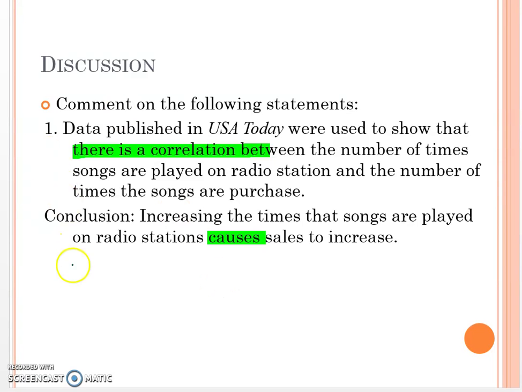So what happens is, in the first statement, they were talking about a correlation. These two, the number of times songs are played and the number of times songs are purchased, are correlated, which means these two are related. It doesn't imply that the times songs are played would cause the sales to increase.